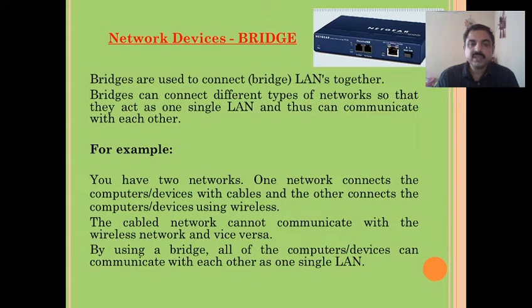One network connects the computers or devices with cables, and the other connects the computers and devices using wireless. So the cabled network cannot communicate with the wireless network and vice versa. By using a bridge, all of the computers or devices can communicate with each other as one single LAN. So two different LANs can be connected together using a bridge.